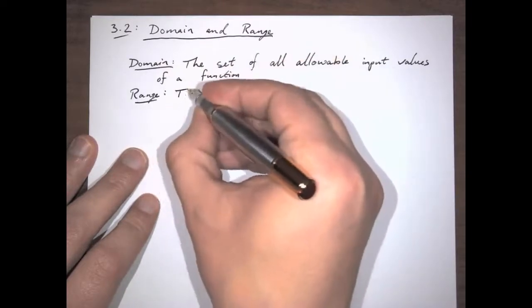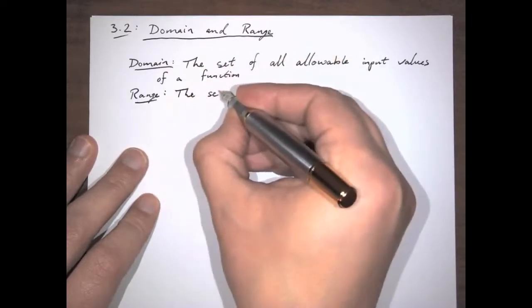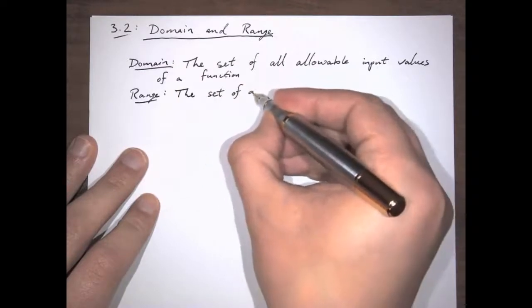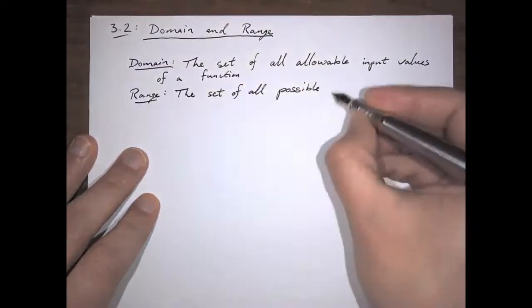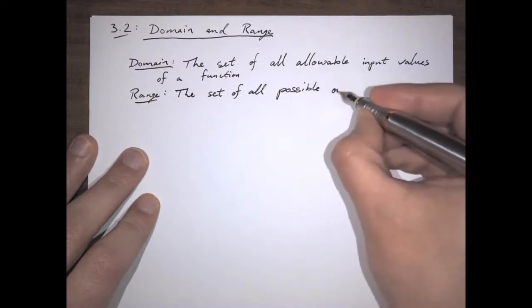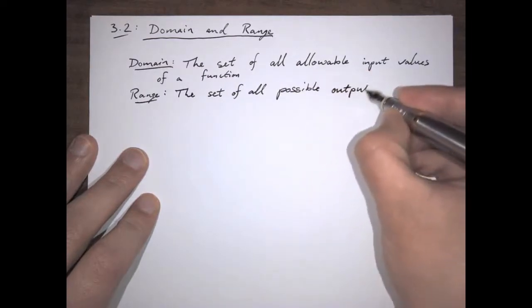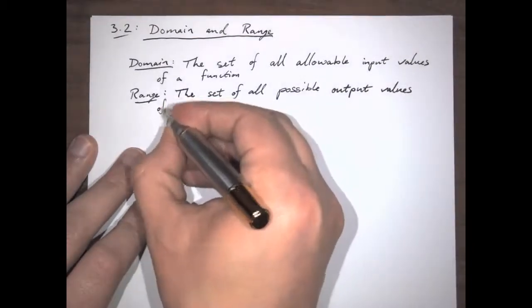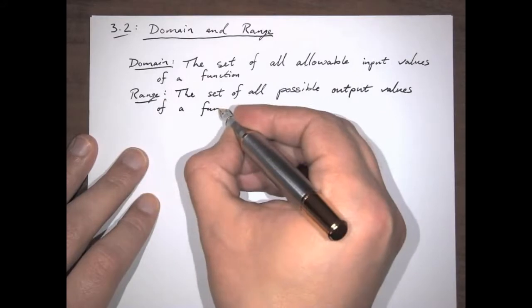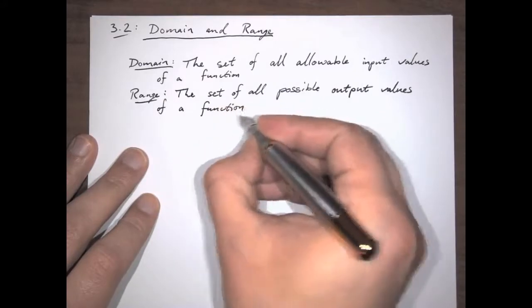The range is the set of all possible output values of a function.